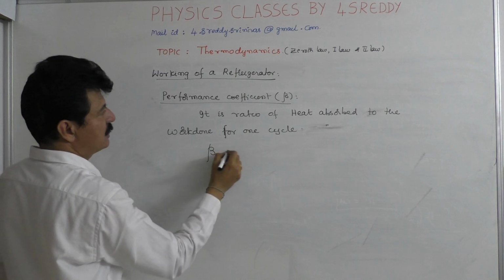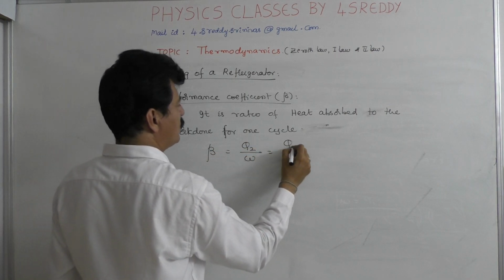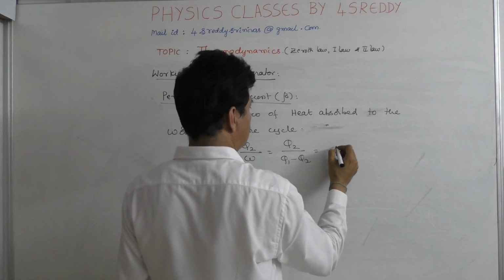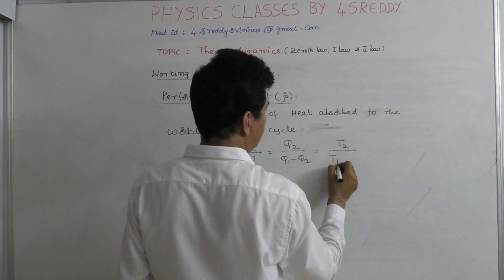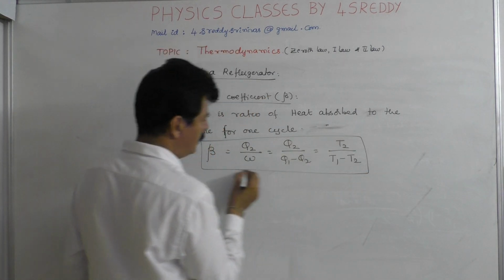Therefore, beta is equal to heat absorbed, Q2, by work done, that is Q2 by (Q1 minus Q2), or this is nothing but T2 by (T1 minus T2). This is the formula for the refrigerator.